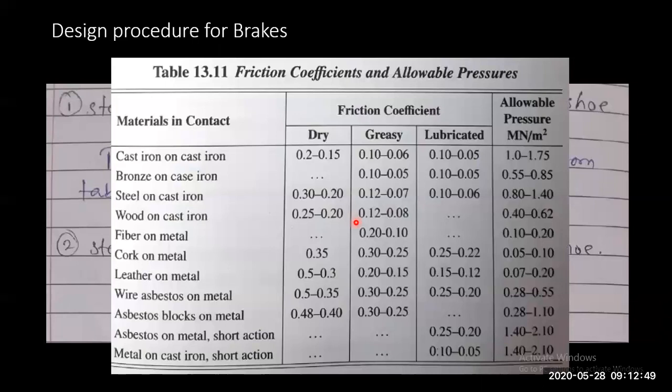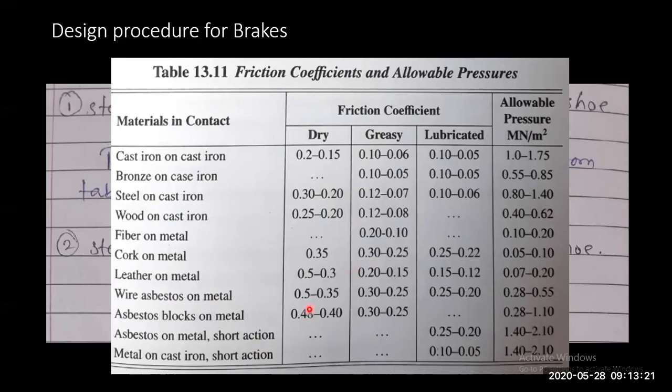So this is the table. I can see here asbestos block on metal. Okay, asbestos block on metal, asbestos on metal short action, metal on cast iron short action. So short action may mean that the braking is very small, and also it is lubricated. So when it is lubricated, you don't need that much of braking action taking place. So therefore, for short action, I guess only the shoe will be small.